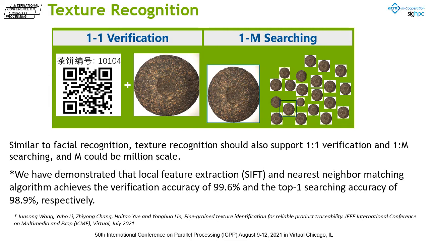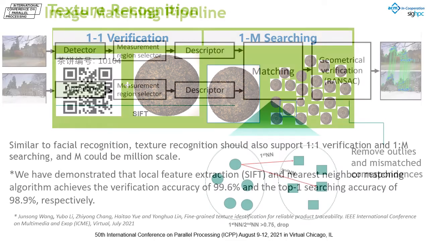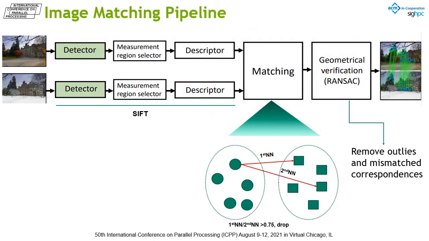We selected the classical image matching technology with SIFT feature extraction and the nearest neighbor matching to perform the texture recognition. And the accuracy is also very good for commercial use. This is a typical pipeline of image matching, and the major computation is the nearest neighbor matching.